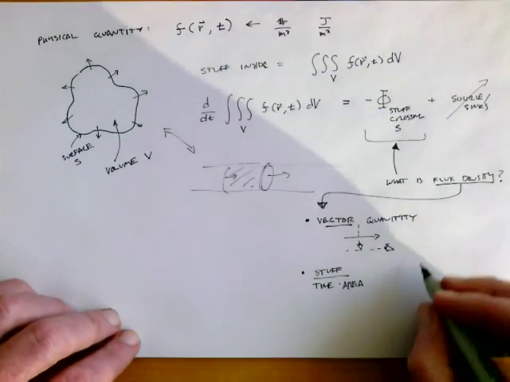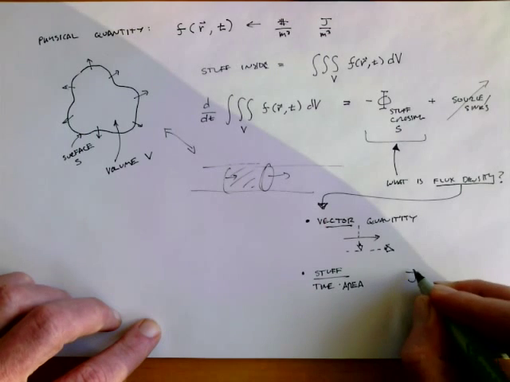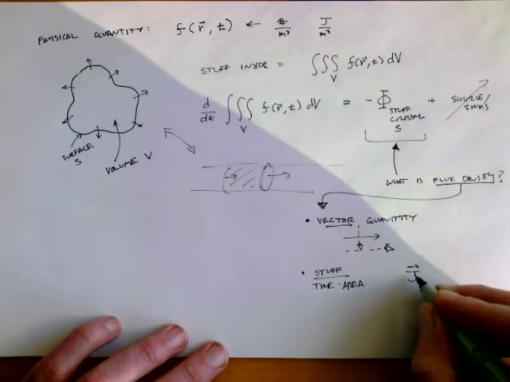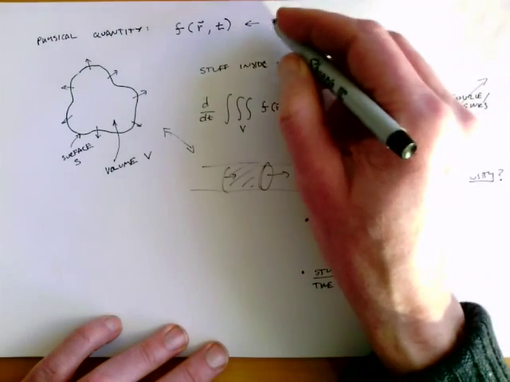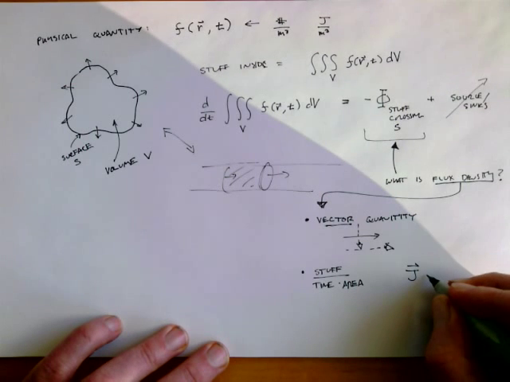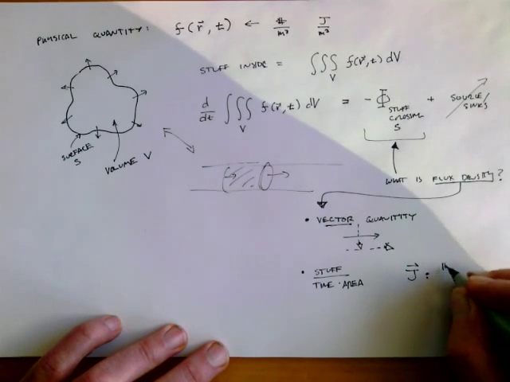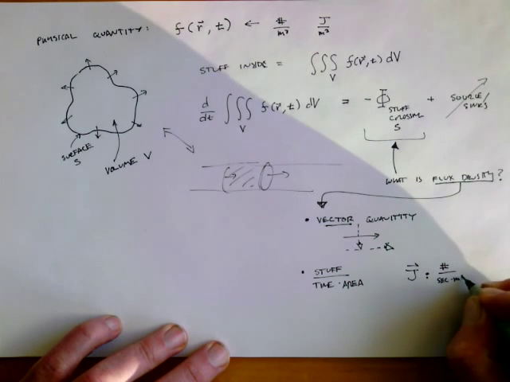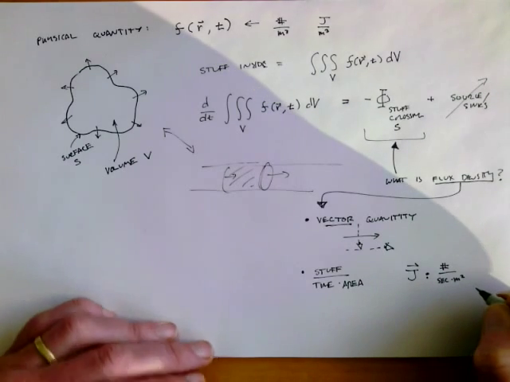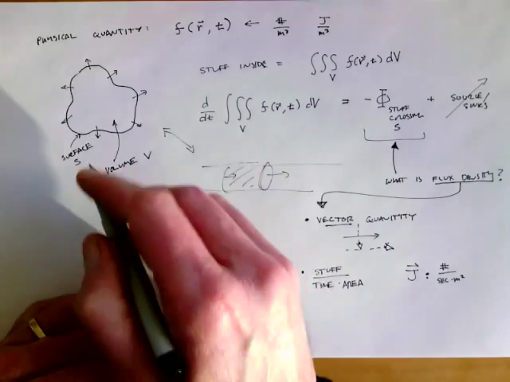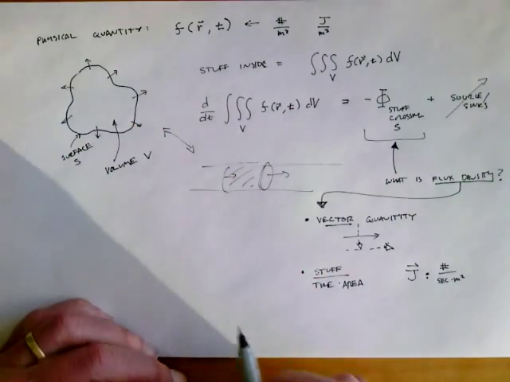Often we use the notation J vector to denote a flux density. So for example, in this case, if you were talking about number per meter cubed as being the quantity inside, your flux density would have units of number per second per meter squared, and it would basically be telling you in what direction and how quickly particles are moving into or out of this region.